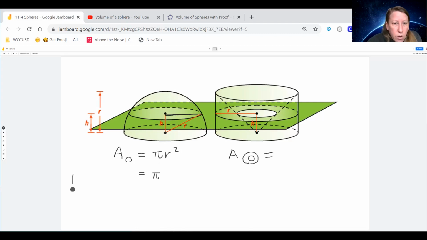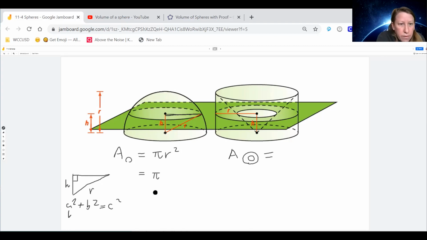So let's see, what is the radius at any given height? For that, you have to look at this right triangle. And the radius that we want for this formula is going to be right here. We have the height that's changing, and we have this radius, which is constant. This is a right triangle. And do you guys remember a squared plus b squared equals c squared? It's the right triangle theorem.